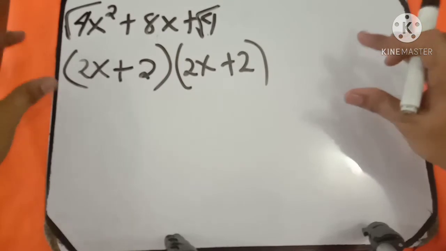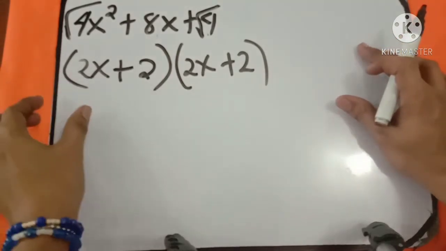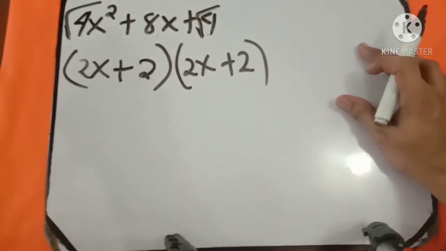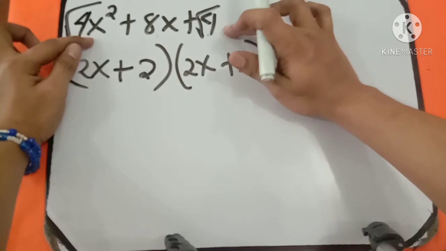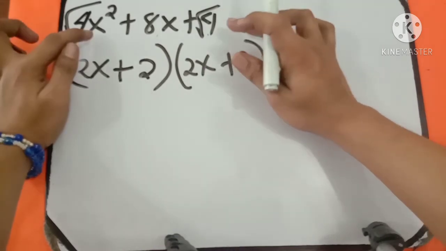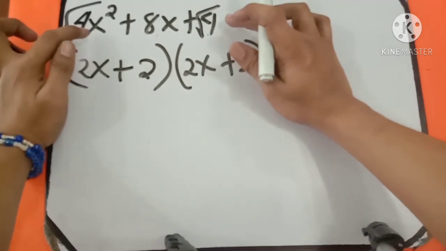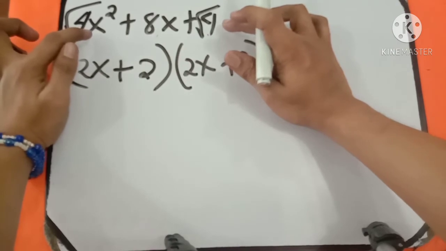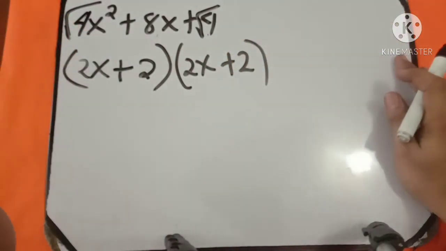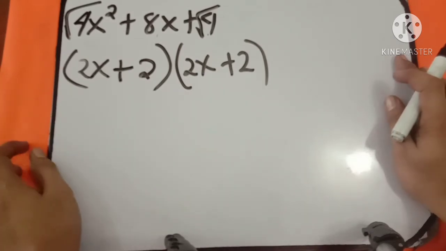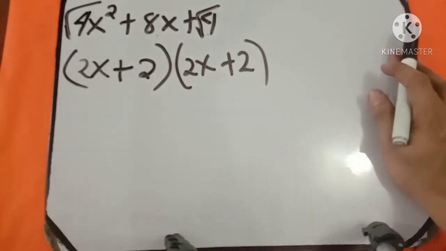But you have to be careful because sometimes this process doesn't work for other problems, even though the first term is a perfect square and also the last term is a perfect square. What I'm trying to tell you is if that happens, you have to do the same as what we did in the previous example. I hope this is clear.